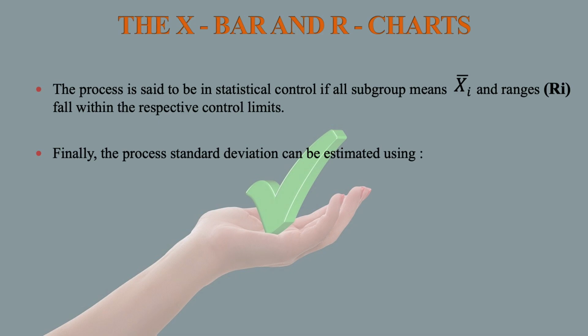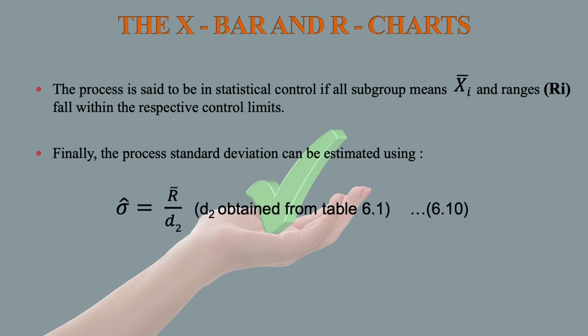Finally, the process standard deviation can be estimated using sigma bar is equal to R bar by d2, and d2 is obtained from the statistical table.